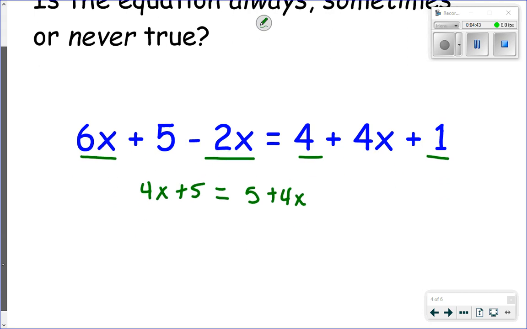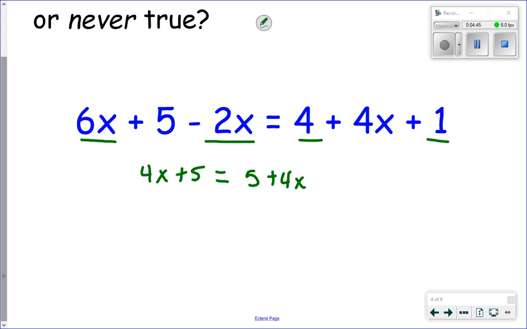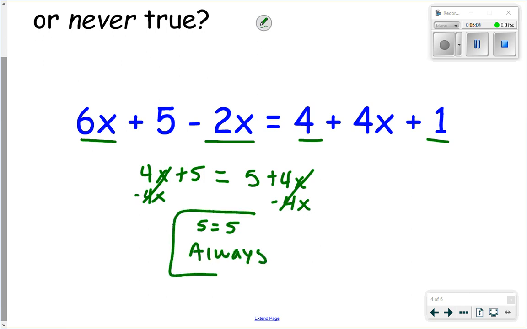Just like we did last time, we need to move my variables and get them together. So I'm going to subtract 4x from both sides. And it just so happens that they both cross out. And I'm left with 5 equals 5. So is that statement always true, sometimes true, or never true? Well, 5 is always going to equal 5, so that would be an example of always. Remember, you have to have the solution and the word in order for your homework to be marked correct.